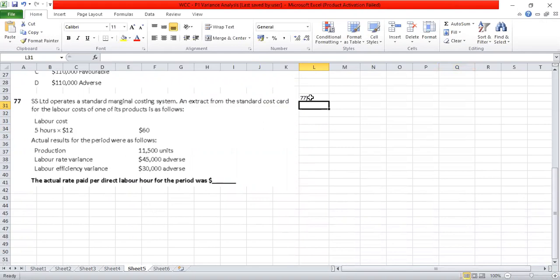SS Limited operates a standard marginal costing system, and an extract from the standard cost card for the labor cost of one of its products is as follows. We see labor cost is given as 5 hours into $12, which is 60. The actual results for the period were as follows. Production is 11,500 units. Labor rate variance and labor efficiency variance are given, and we are asked to find out the actual rate paid per labor hour.